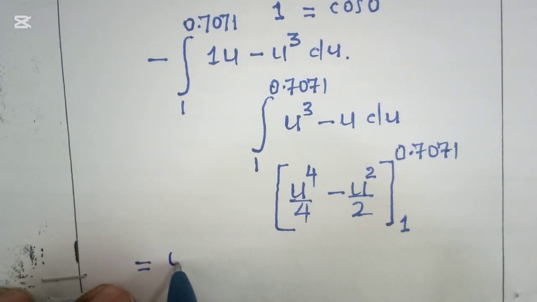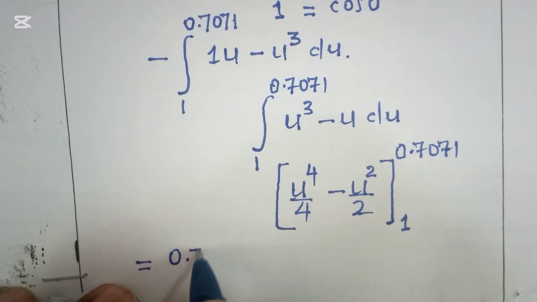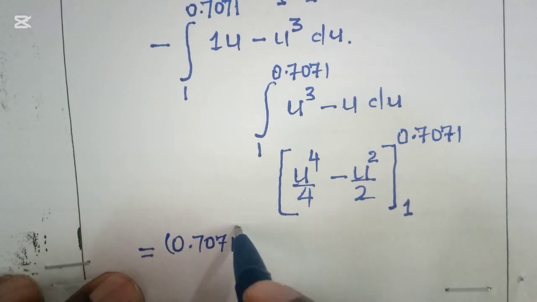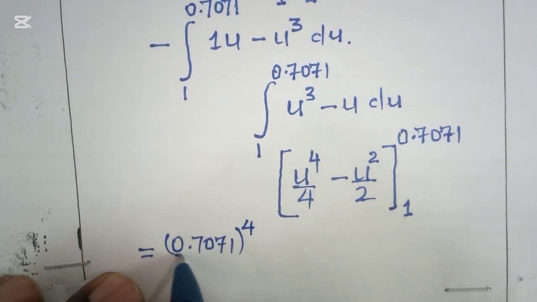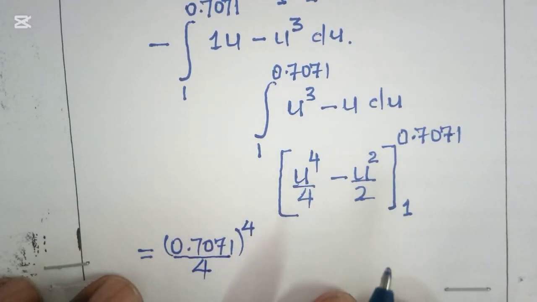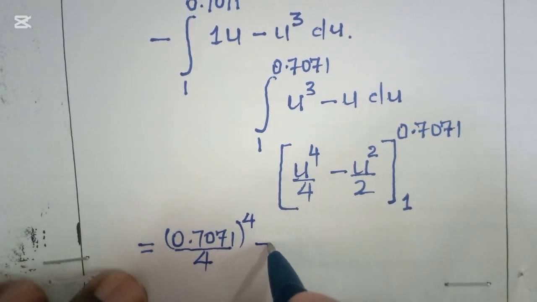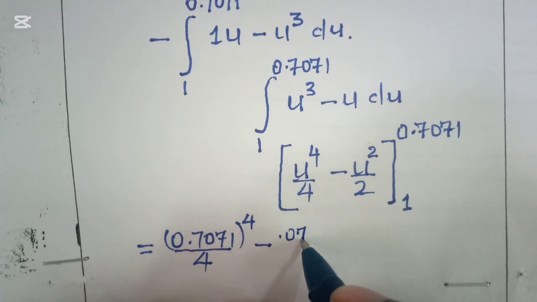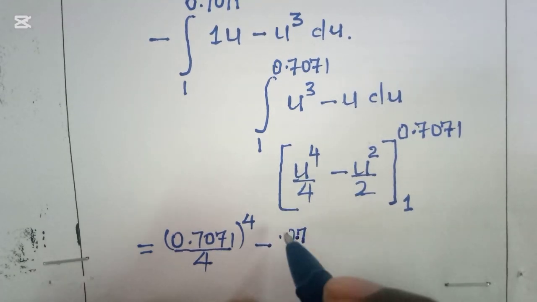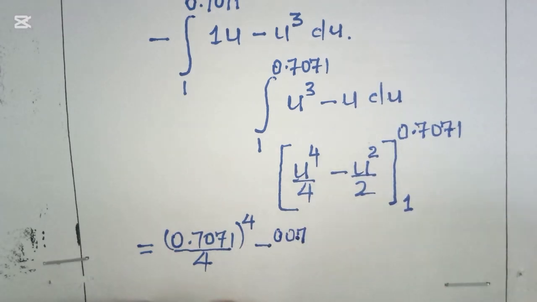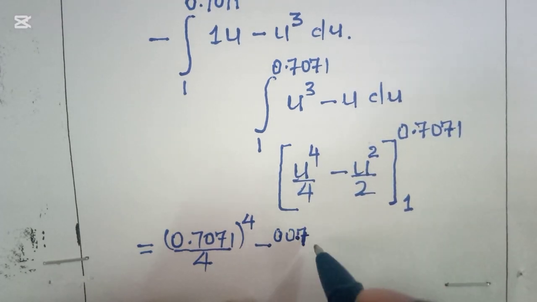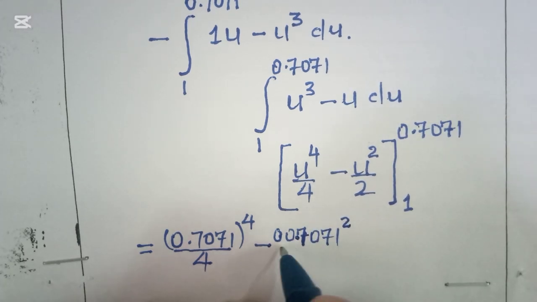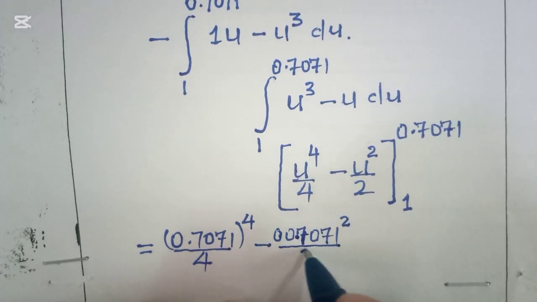So we shall have 0.7071 raised to 4, all over 4, minus the same 0.7071, squared. You now put here 2.